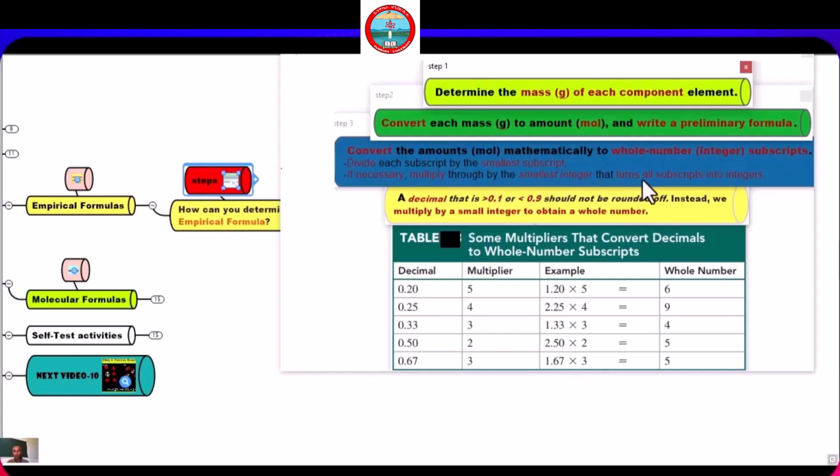Note that if the obtained mole ratio is a decimal that is greater than 0.1 or less than 0.9, it should not be rounded off. Instead, we multiply by a small integer to obtain a whole number. For example, if the obtained decimal is 0.20, multiplier is 5, and 0.25 is multiplier is 4, and the like.